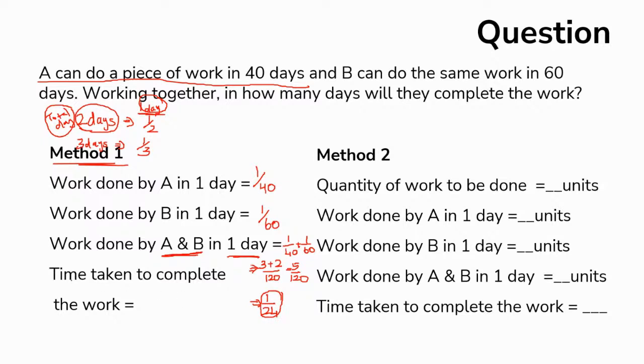They were asking for total time taken. So total time taken is given by the inverse of this value, which is nothing but 24 days. So that is the answer for the first one using the first method.